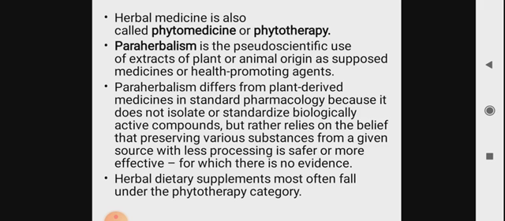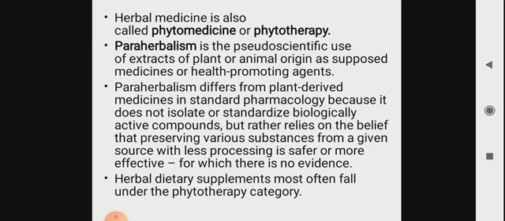Paraherbalism is also one of the concepts related to herbal medicine. Paraherbalism is the pseudo scientific use of extracts of plants or animal origin as supposed medicine or health promoting agent.